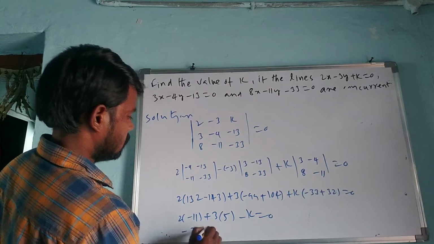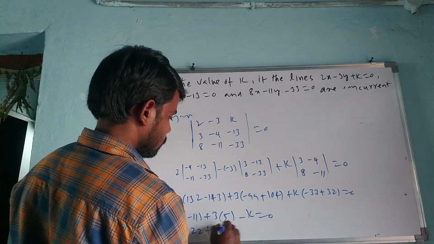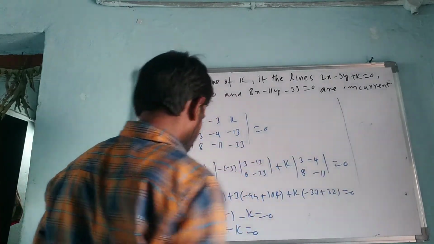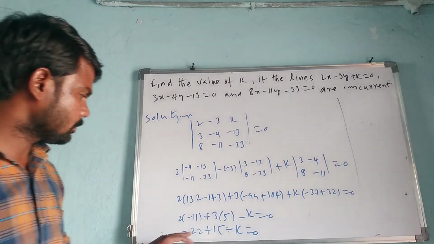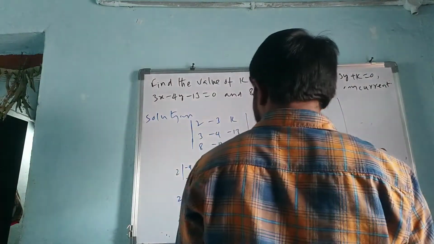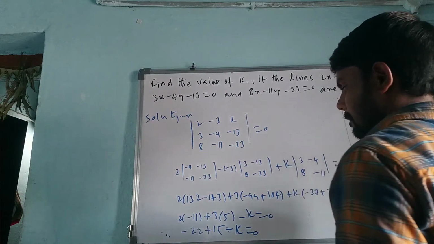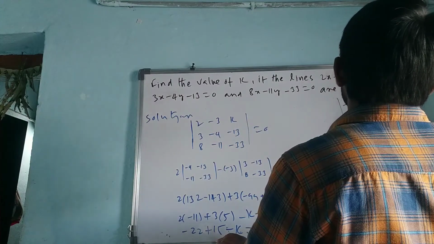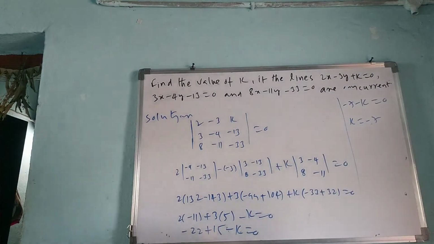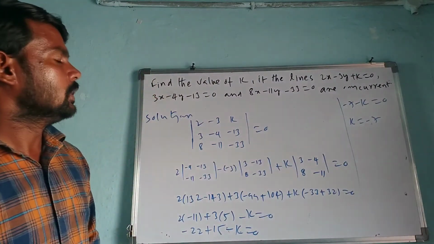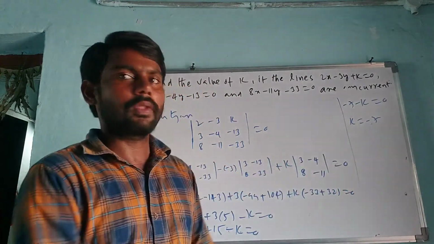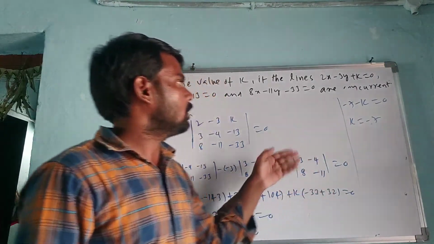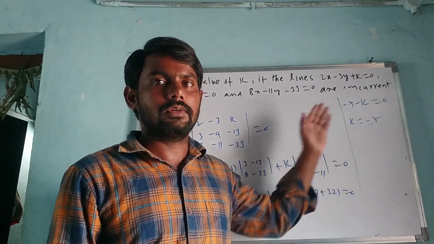This is minus 22, and then 3 5s are 15, so 15 minus k is equal to 0, and then minus 22 plus 15 is minus 7. This minus 7 minus k, then we have k is equal to minus 7. Clearly we get that the k value is minus 7. So in this shortcut method also we get the k value is minus 7, same value. So we can verify our answer is also right.